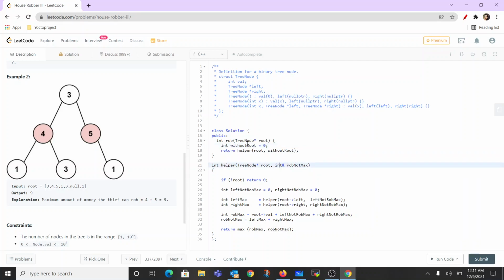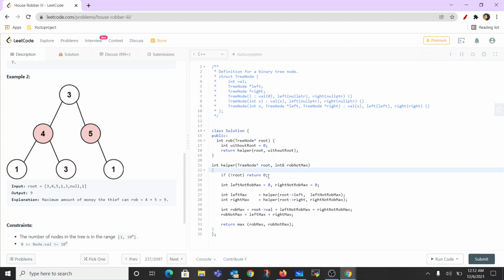I have simply taken a without root variable, and then I'm passing it to this helper function, and I've taken this root, right? Then I'll first check this, which is basically our base case. I'll simply check that if root doesn't exist, then I'll simply return 0.